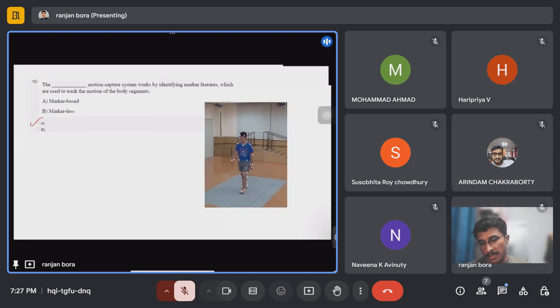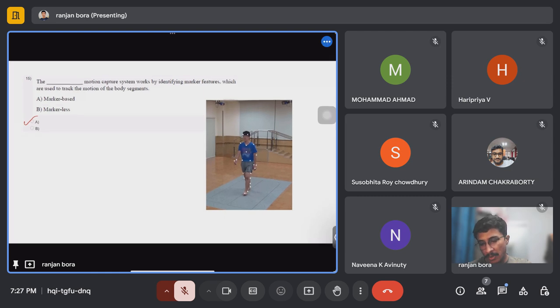In a marker based system, we place markers on the surface of the body of the patient, and using the cameras we track them. These are the cameras, you can see two cameras which are placed, and using those cameras we track the coordinates of these markers.